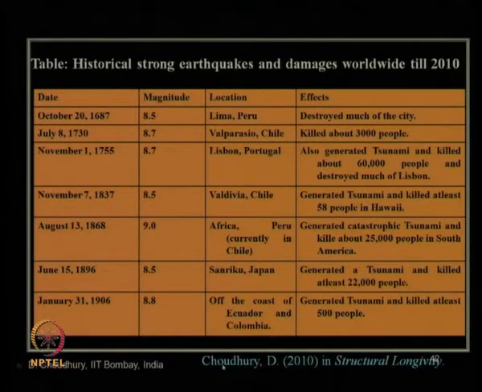It lists all the historical earthquakes which caused major damage, like the 1687 Peru earthquake of magnitude 8.5. The effects are mentioned here, like destroyed much of the city. Then the 1730 Chile earthquake, then the Portugal earthquake, the Chile earthquake again, and so on.